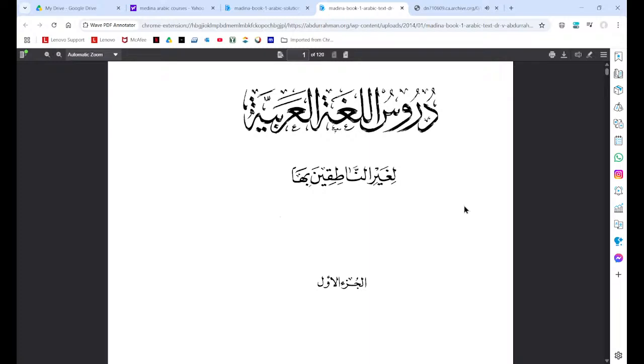First, I'd like to mention, usually before a course begins on the Medina series, there is some explanation to a few things. So the first thing that we want to explain is that the Medina series, at least the first book, is a main focus of Nahwiya, is the focus of the grammar, Insha'Allah.